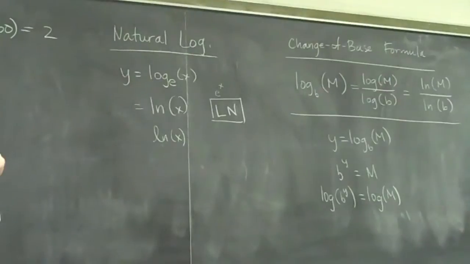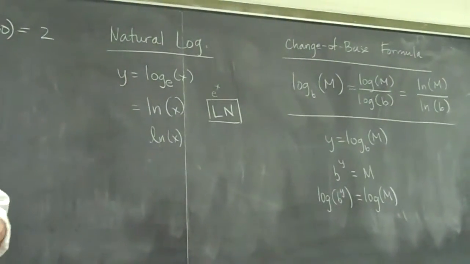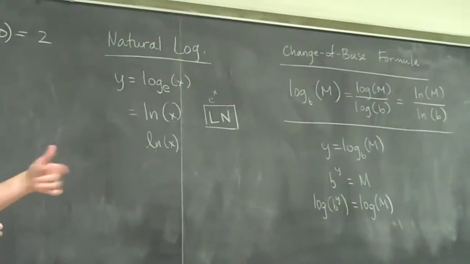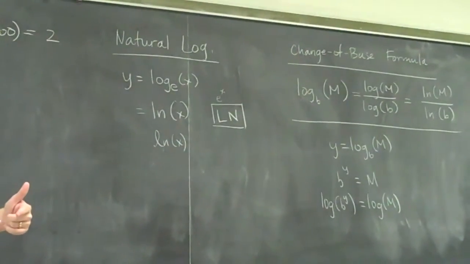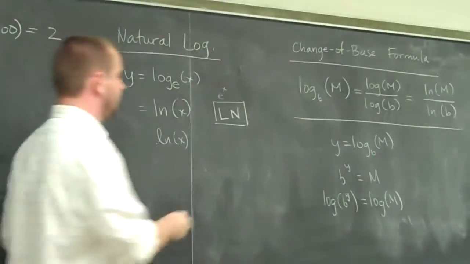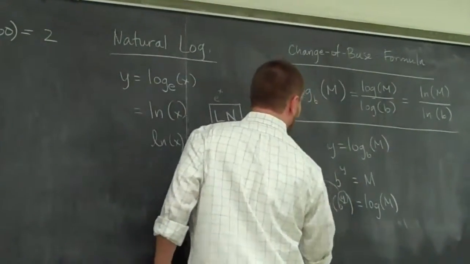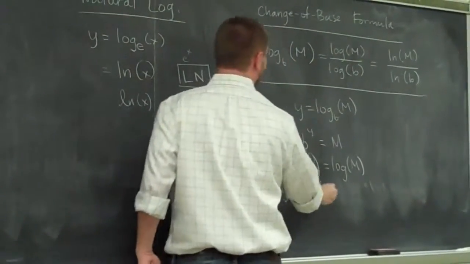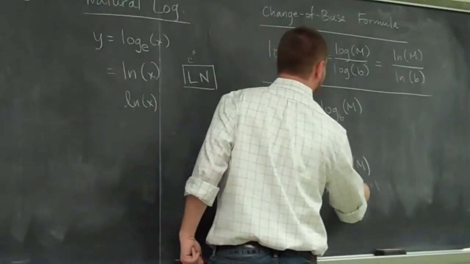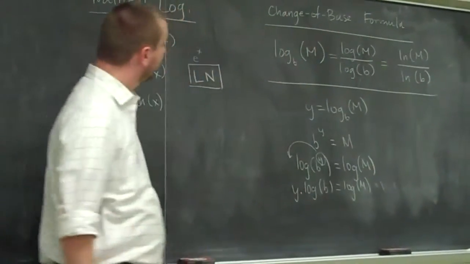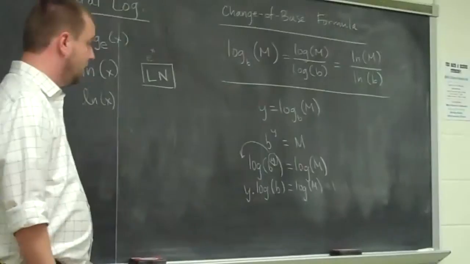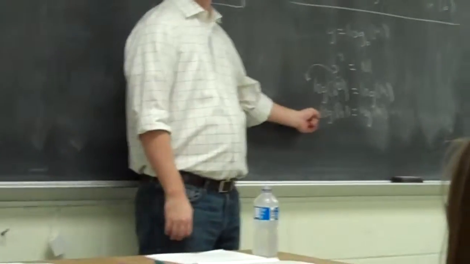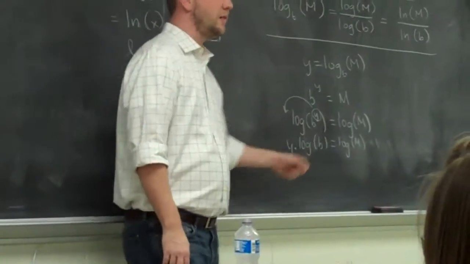All right, well, because I've taken the log on the left, that's me taking the log of something with an exponent, right? And what do I get to do with that exponent because I have a log now? I get to bring it up front, right? So this is the same thing as y times the common log of b equals the common log of N. And you know what? If I wanted to get this y by itself, I could. What would I do? Divide off the log of b, right?